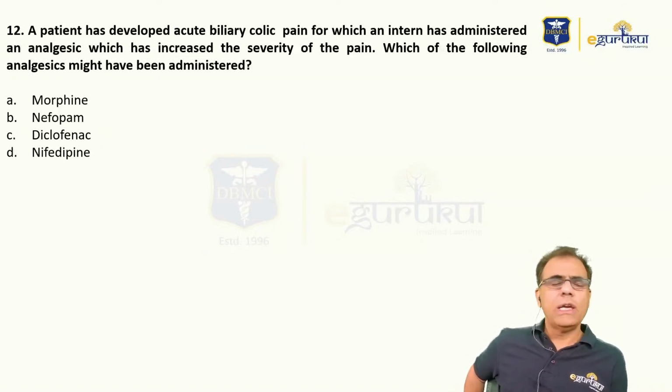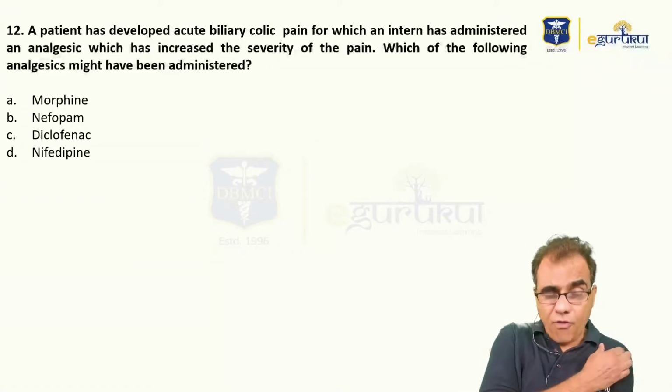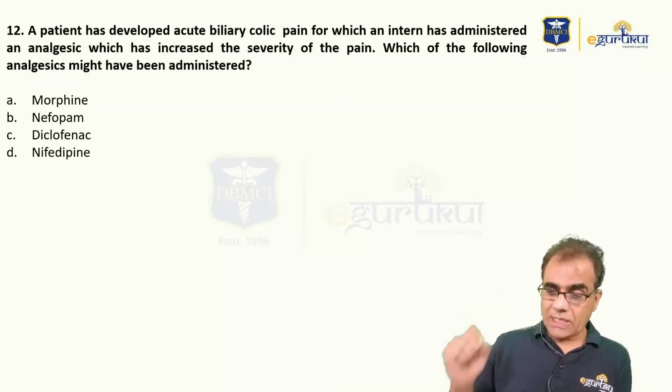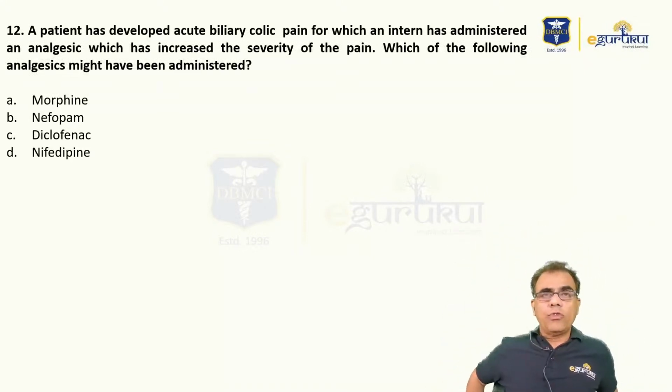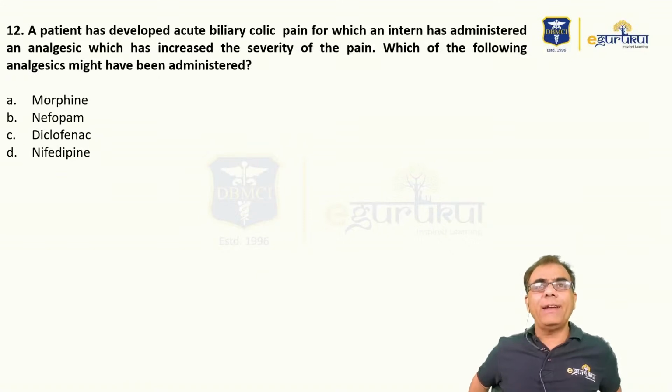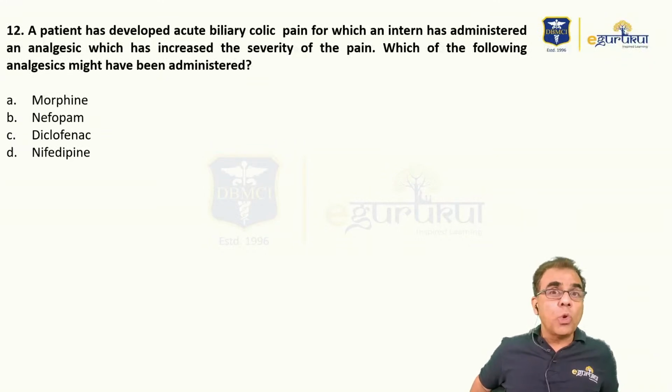That is a very traditional concept, but very recent evidence has shown that yes, they can increase the tone of the sphincter of Oddi. However, this really does not translate into increased biliary colic. Therefore, the new guideline says if deemed absolutely necessary, you can even give opioids for biliary colic.